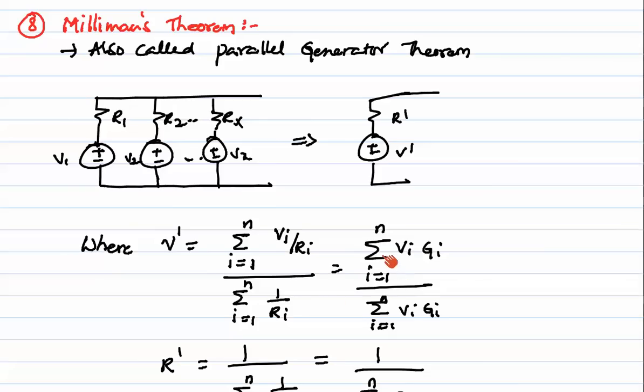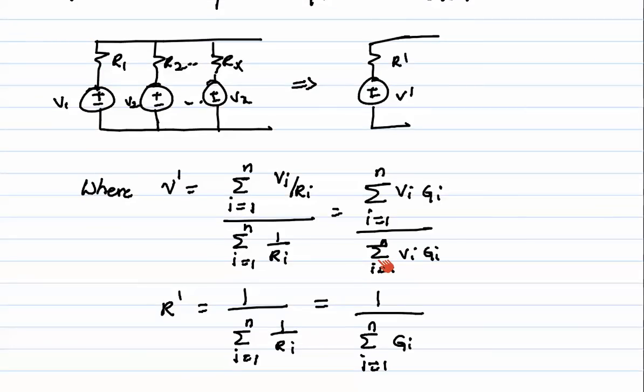So this is equal to sigma i equal to 1 to n Vi into Gi divided by sigma i equal to 1 to n Gi. This is for voltage V dash, and next R dash is going to be 1 by sigma i equal to 1 to n 1 by Ri, so it can be written as 1 by sigma i equal to 1 to n Gi.